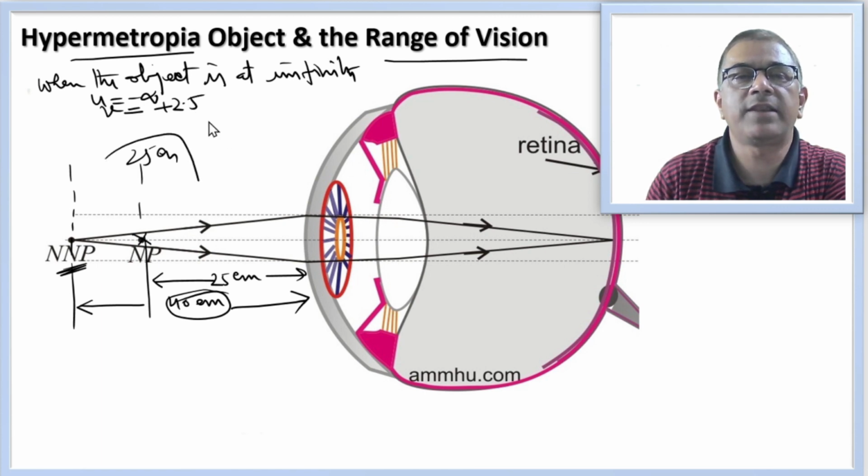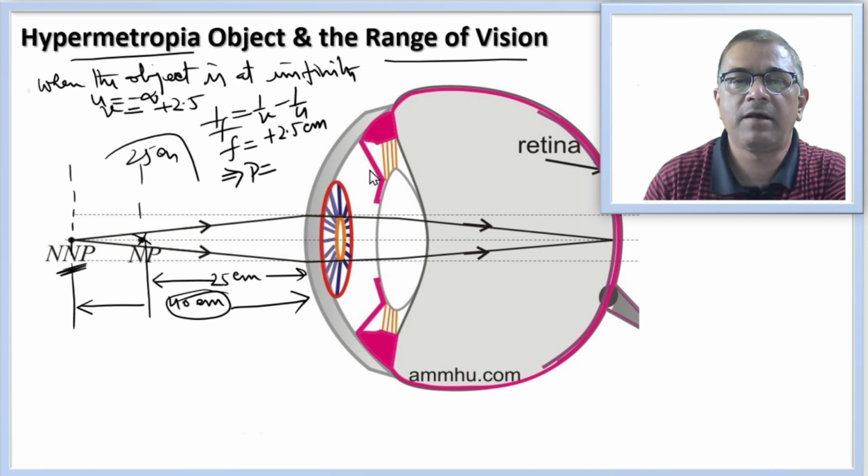Let's try to calculate the focal length of the eye lens system in this case. This is equal to 1 by v minus 1 by u, which is equal to plus 2.5 centimeter, and this will lead to the power of the eye lens system. When the object is at infinity, this should be plus 40 diopter.